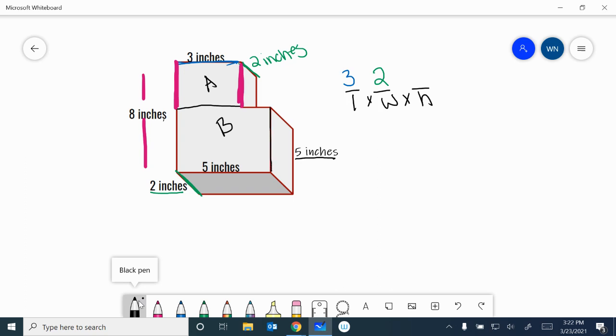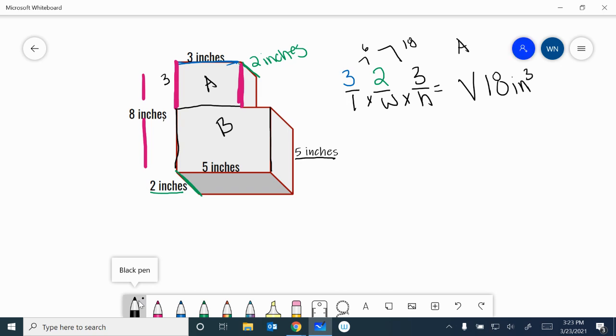So if I take the 8 inches minus your 5 inches, that's going to give me 3 inches left. So I know my height for that box is 3 inches. Now all we have to do is find the volume of figure A by multiplying our length times our width times our height. We do 3 times 2 is 6, and then 6 times 3 is 18. So I know the volume of figure A is 18 inches cubed.